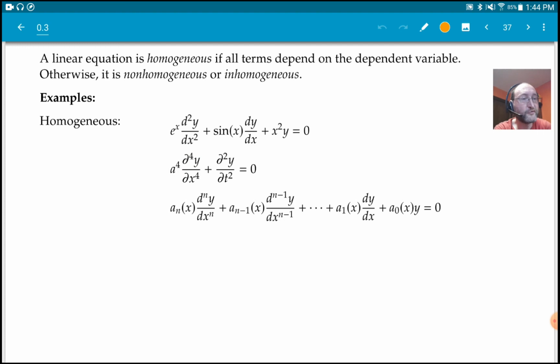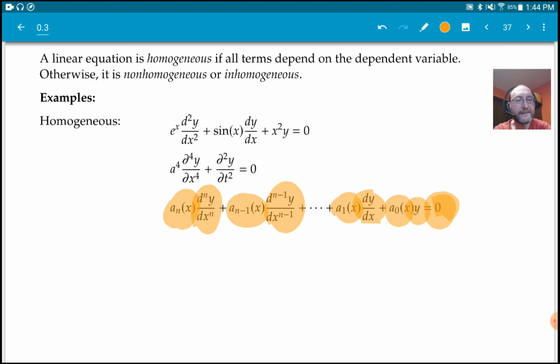Here's sort of the general form for a linear nth order ODE. Basically, there's no b(x). You just have some coefficients in front of the different derivatives, but there's nothing that's just left over. There's no function of purely x.